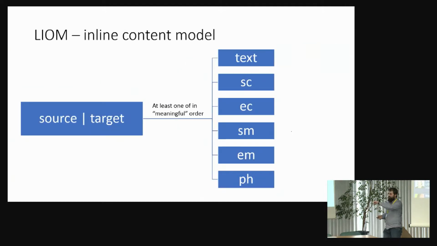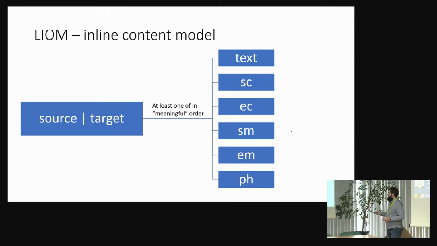I'll explain here. Again, source and target have the same data model. This is a sequence of text and those objects. Those objects are start code, end code, start marker, end marker, and ph. In the XML representation, you can also have their well-formed equivalents, which would be mrk and pc, but we don't have them in the abstract object model because it's an XMLism.